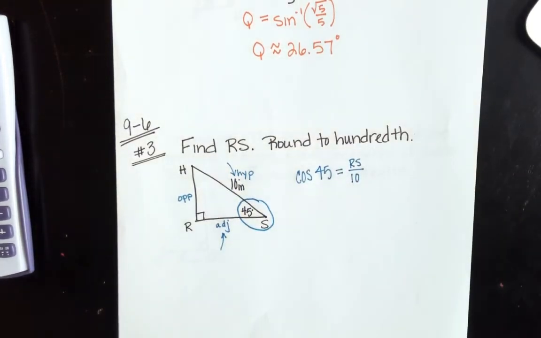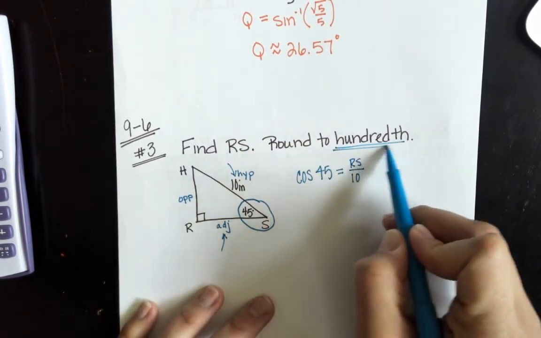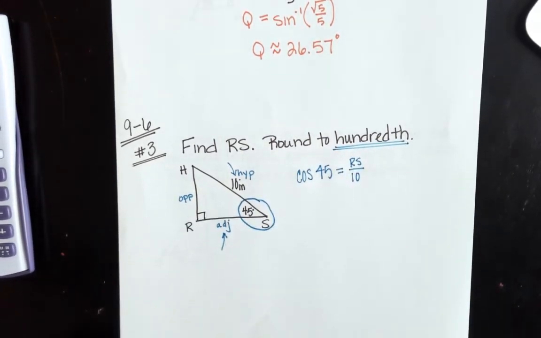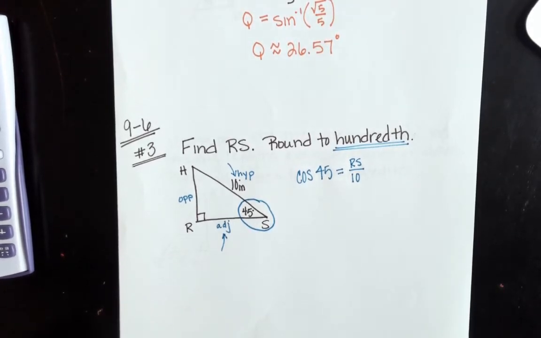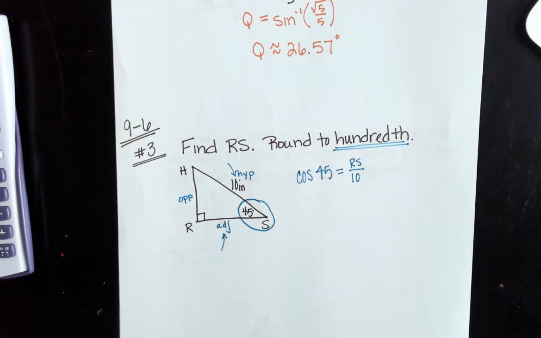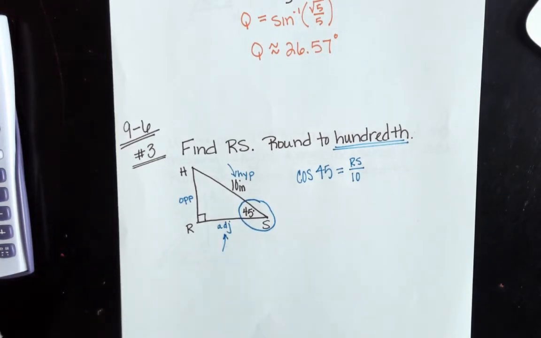Now I will tell you that obviously this is a special right triangle. The only reason I'm not using our special right formula is because it says specifically to round. So they don't want a radical answer. They don't want the 5 radical 2 that this would end up coming up to be. They want that decimal. But let's just talk about that.